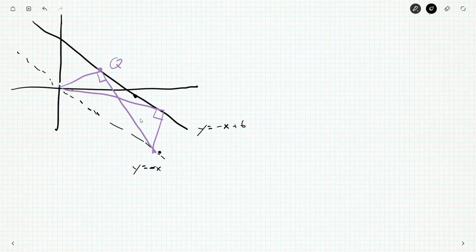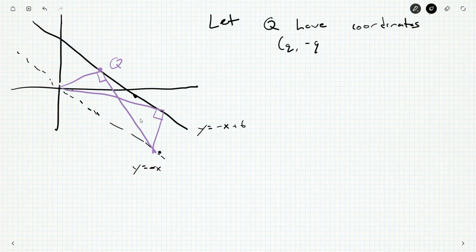Okay, so in the absence of this actually helping me in any way that I can see, I think we're going to have to set up some equations. So let Q have coordinates Q, negative Q plus 6. Okay.